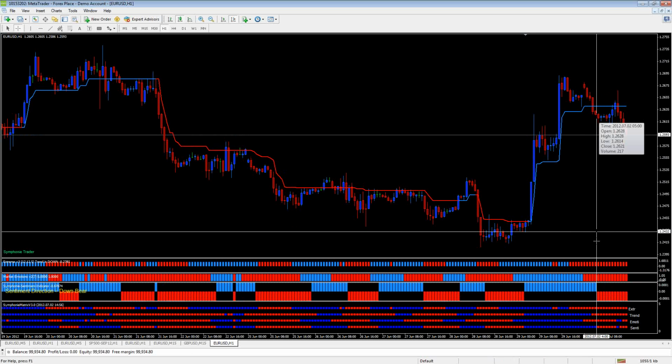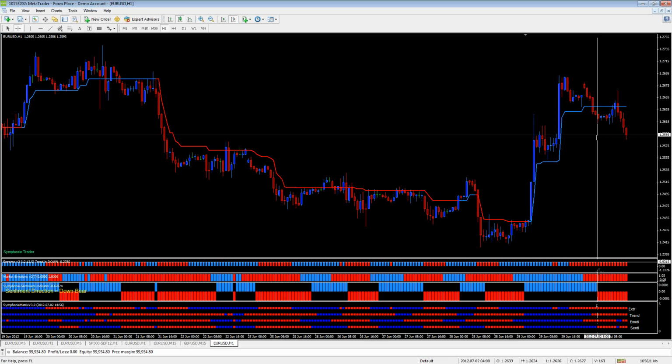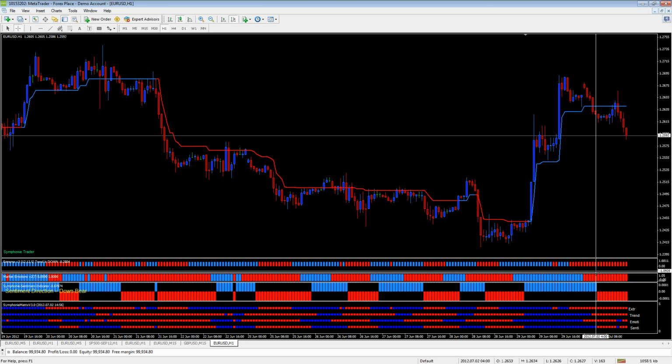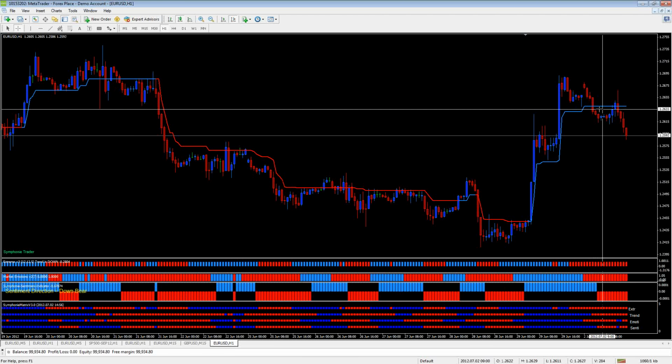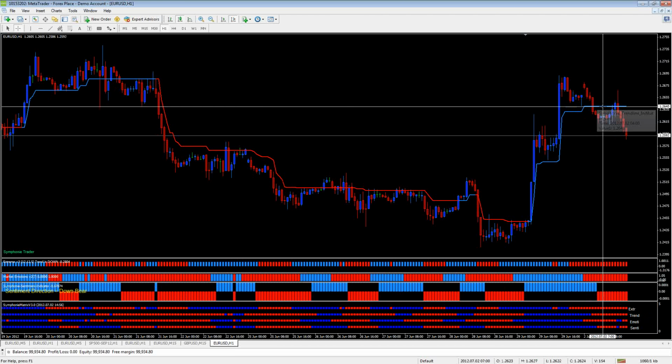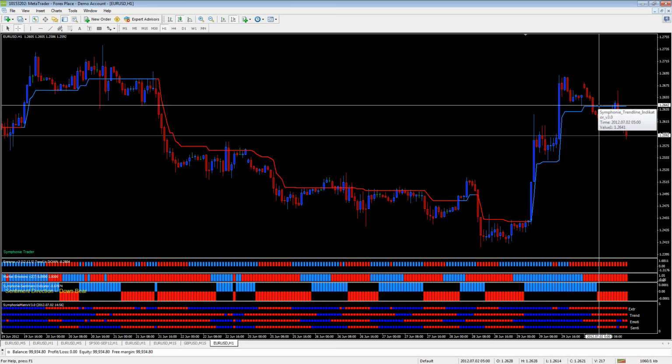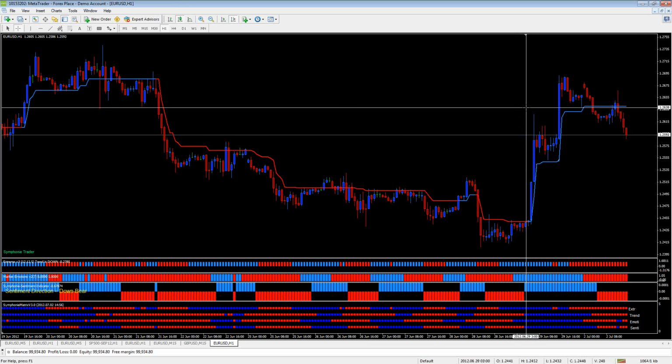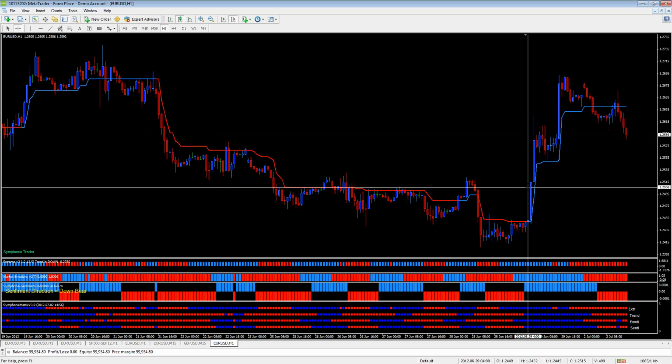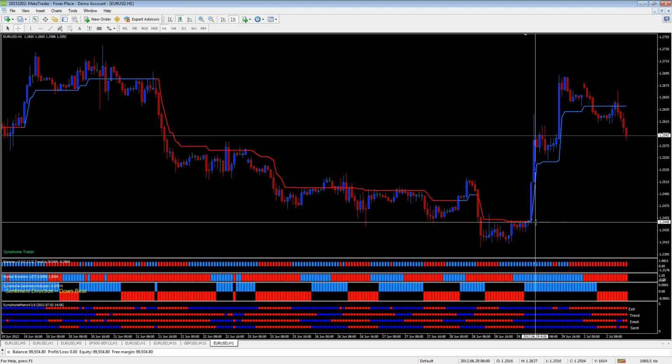Now, in this case, for example, all three indicators are red down here, the extreme, the emotion, and the sentiment, but the trend line is still blue. So according to the rules of the system, there's no go here. There is go around here, I would say in this candle.